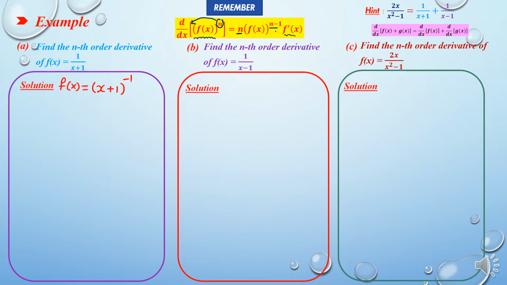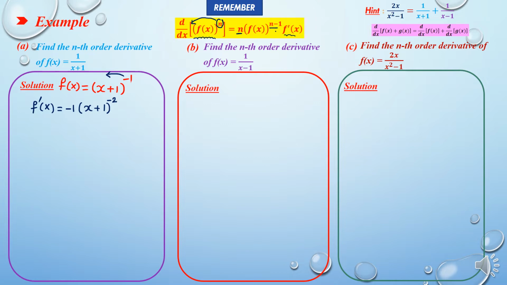So in this function, f prime of x equals, you put negative 1 down, so you get negative 1 multiplied by the function itself to the power negative 1 minus 1, which is negative 2. So this is the first derivative.